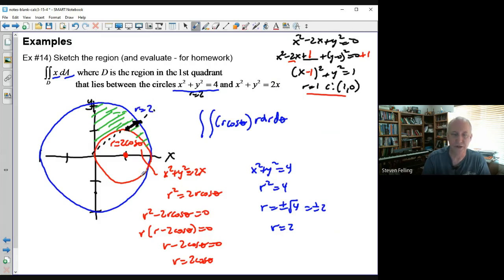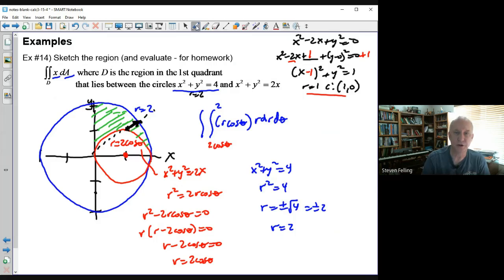I didn't have to do that. So r equals 2. And that means that my lower limit of integration here is going to be 2 cosine theta for r, and my upper limit of integration is going to be 2.